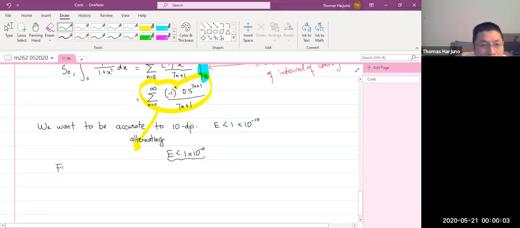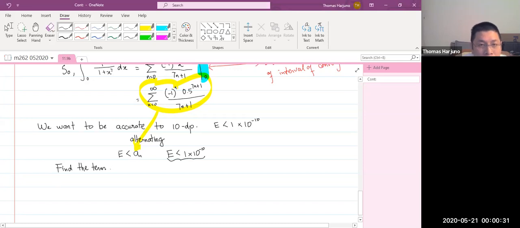Find the term. We know that the error will be less than the nth term. Okay, so I will set this nth term to be less than 1 times 10 to the negative 10.